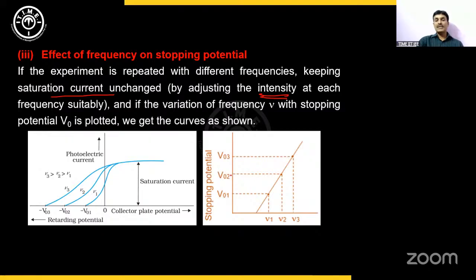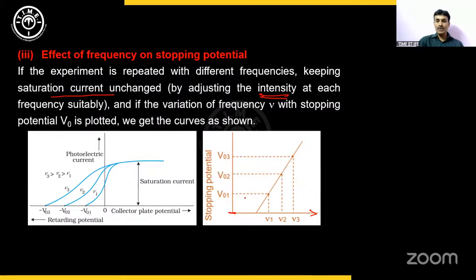Okay. Now the graph between stopping potential and the frequency of radiation: nu 1, nu 2, nu 3 on the x-axis, stopping potentials on the y-axis. It is a straight line graph passing through a point here on the frequency axis. Stopping potential becomes 0 for a certain frequency here. That is called the threshold frequency.